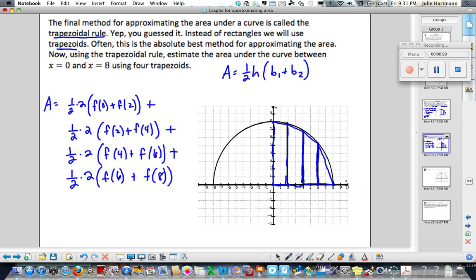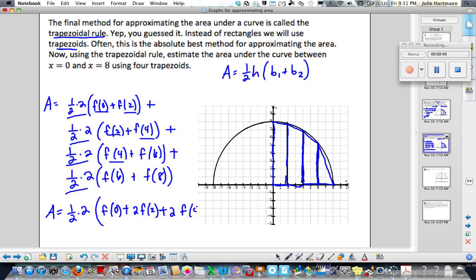One thing you notice that you can do, each one of these has 1/2 times 2. So our area is 1/2 times the height, and then on the inside we have f of 0 once, but then every other one we have 2 f of 2's, 2 f of 4's, 2 f of 6's, and then just 1 f of 8.